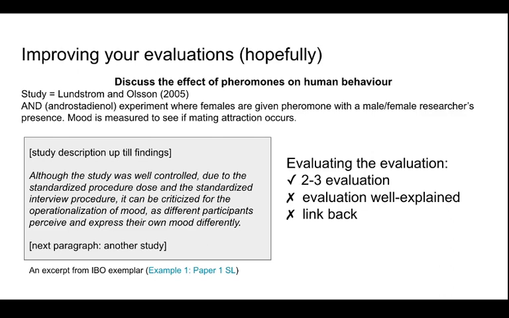They talked about a study from Lundstrom and Olson 2005 about an experiment where females are given pheromones in the presence of a male or female researcher, and their mood is measured to see if there's mating attraction.